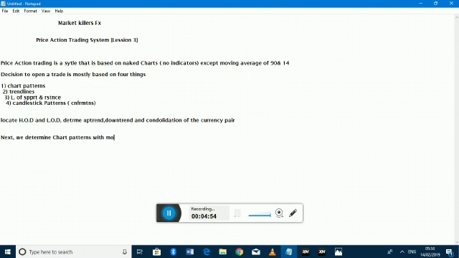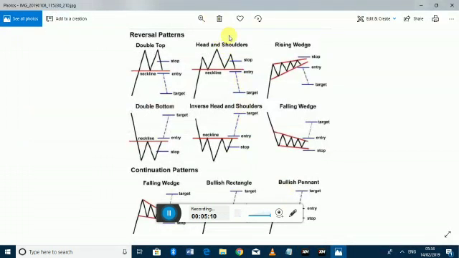Reversal patterns just means if it was an uptrend, because of this shape, it will reverse into the opposite direction. Continuation patterns just means if it was in an uptrend, even though it makes a retracement, it will still continue in an uptrend.